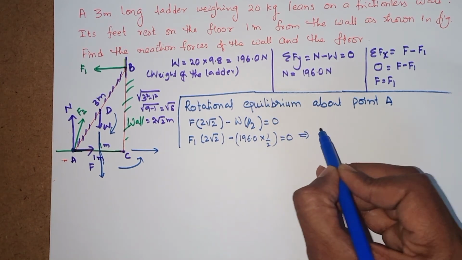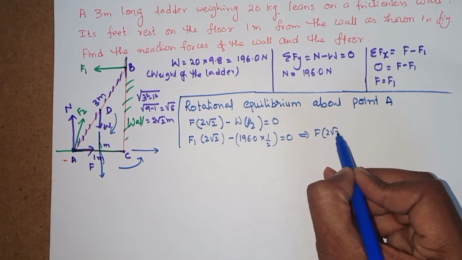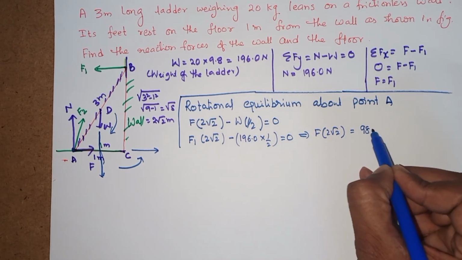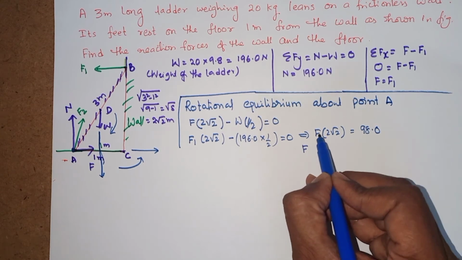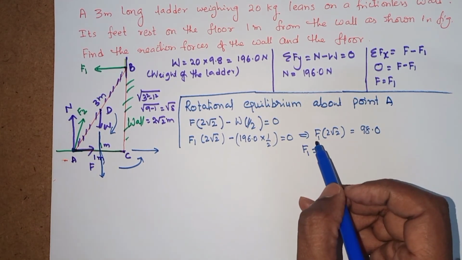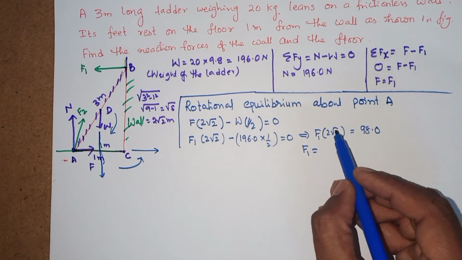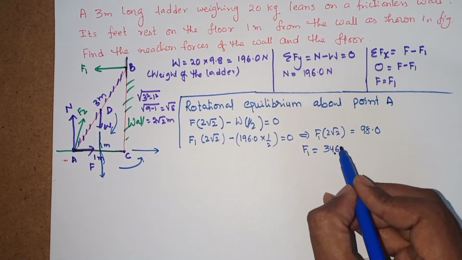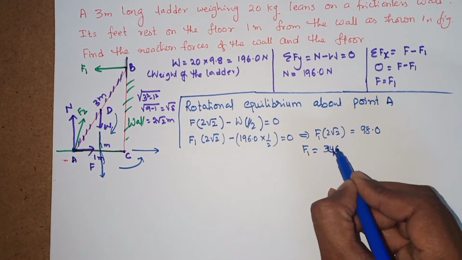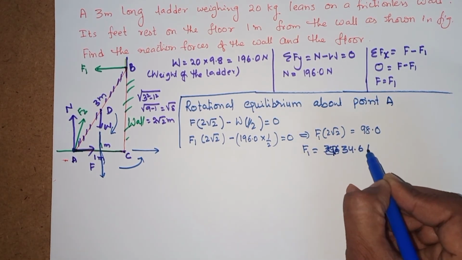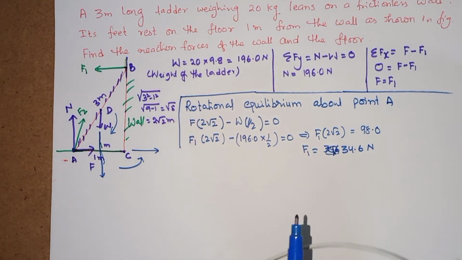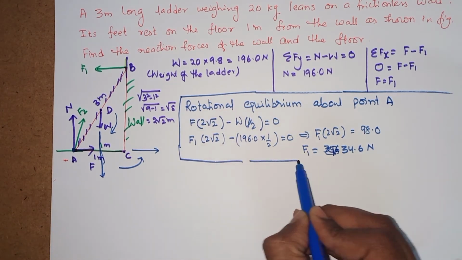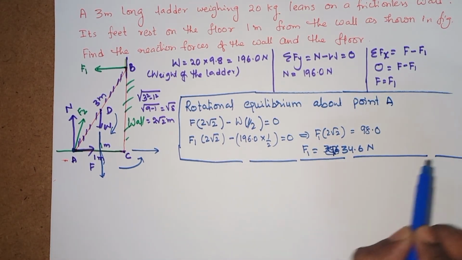From this, F1 times 2 root 2 equals 98.0, so F1 is 34.6 newtons. One reaction force is calculated.